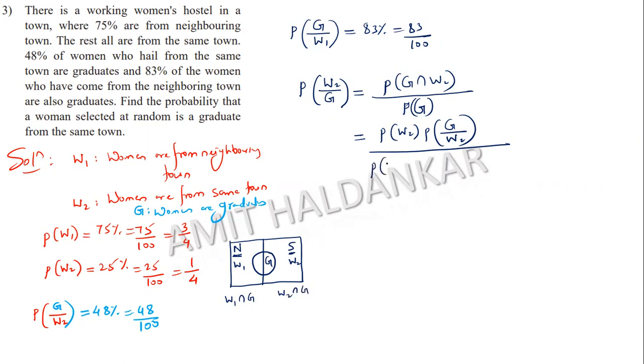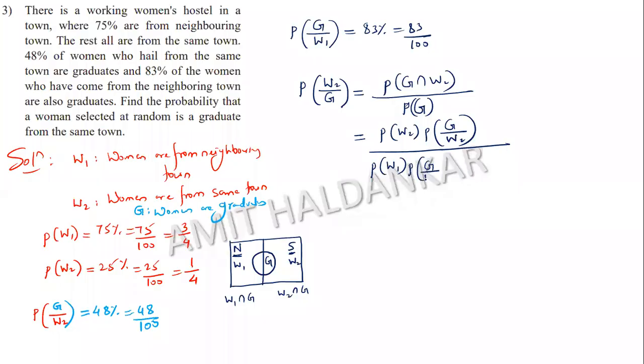So P of W1 into P of G by W1 plus P of W2 into P of G by W2. This is your total probability. Probability of W2 is, I can put everything in terms of 100 if you want, 25 by 100 into G by W2 is 48 by 100.